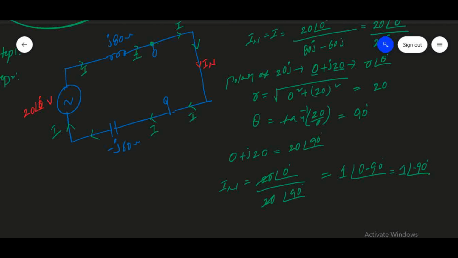Have you verified? Before starting Norton's theorem, we considered the same example for Thevenin's theorem, where we did IN equal to VTH by ZTH directly and got 1 with an angle of minus 90 degrees. With this procedure we also got 1 with an angle of minus 90 degrees.